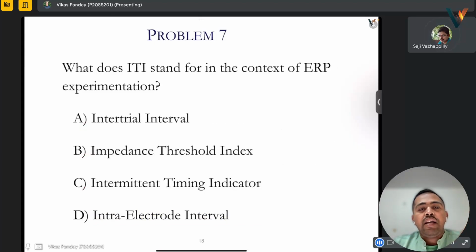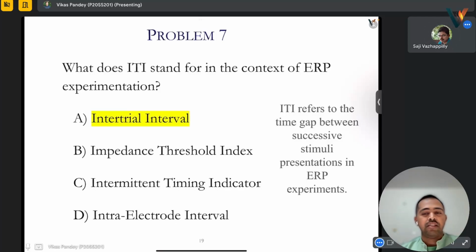Okay, sir. What does ITI stand for in the context of ERP experimentation? Interval, impedance threshold index, intermittent timing indicator, or intra-electrode interval. It must be impedance threshold index, sir. Yes, so it is the time gap between successive stimuli.